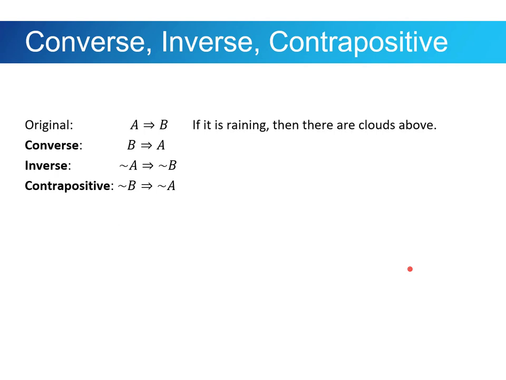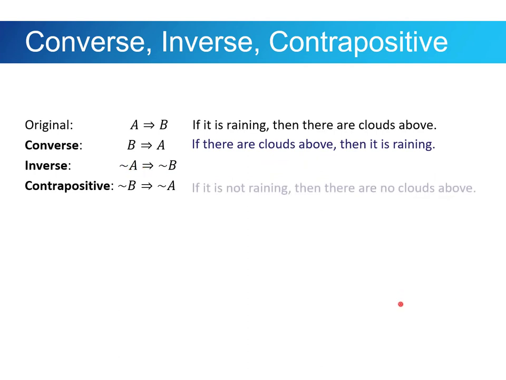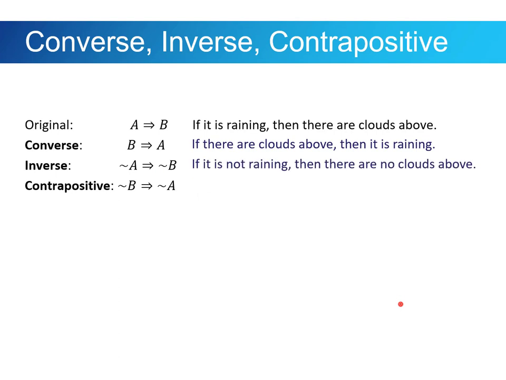What is the converse of that statement? If there are clouds above, then it is raining. How about the inverse? Not A implies not B: if it is not raining, then there are no clouds above. And the contrapositive? If there are no clouds above, then it is not raining.